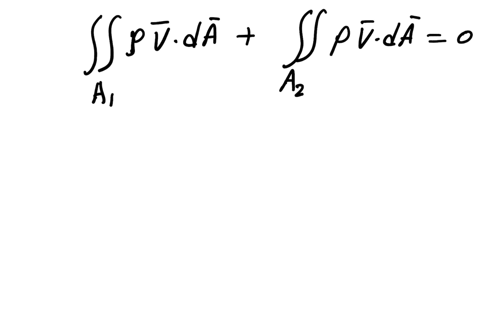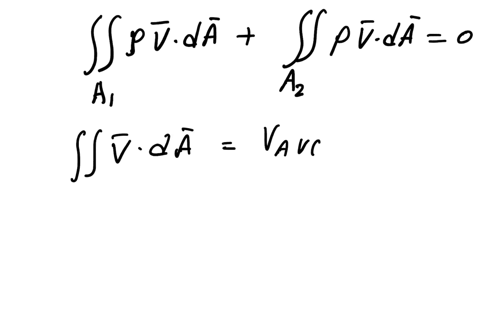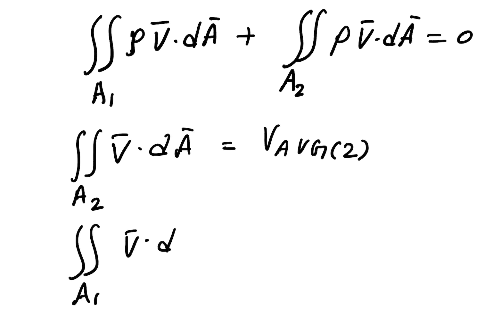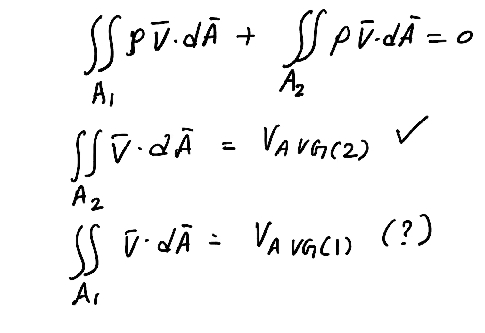Now, we do know that the integral of V dot dA gives the average velocity times the area. Okay, we are given this at section 2. This is the average velocity at section 2, and the integral over A1 of V dot dA is the average velocity at section 1, which is what we are trying to solve for.